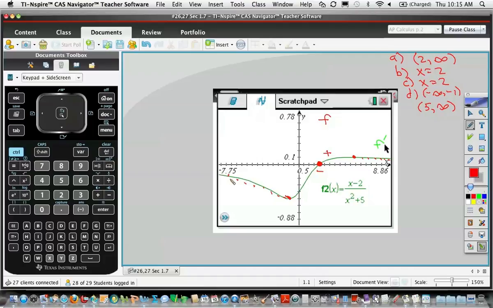So f prime is negative and decreasing, so the graph I'm going to draw has got to be going down and concave down. Now, where do I start it? It doesn't matter. Remember we said yesterday? If we're going from f prime to f, we have an infinite vertical shift of graphs that could work, because this green graph is just the slopes of f. Any graph you just shift up and down, you don't change its slopes. Okay, so we can start anywhere.